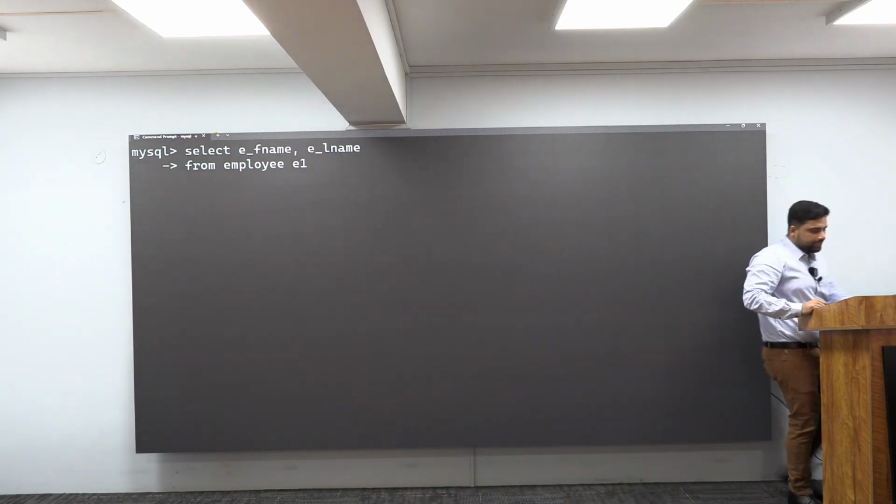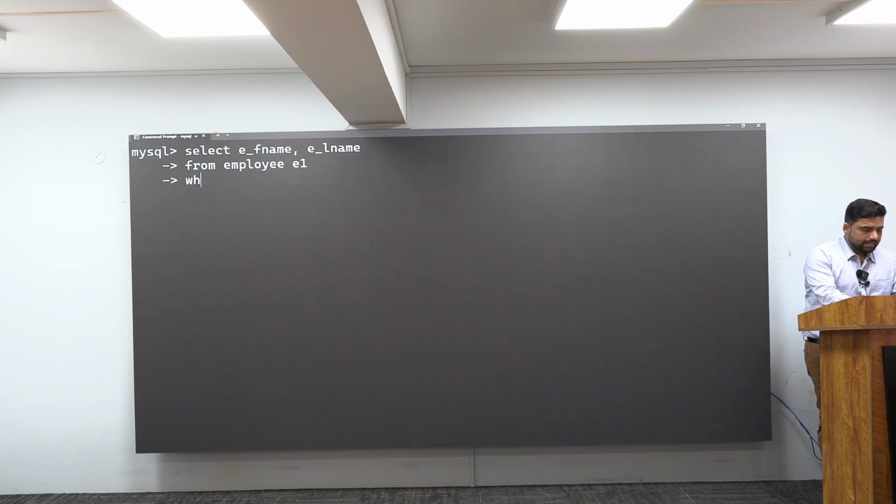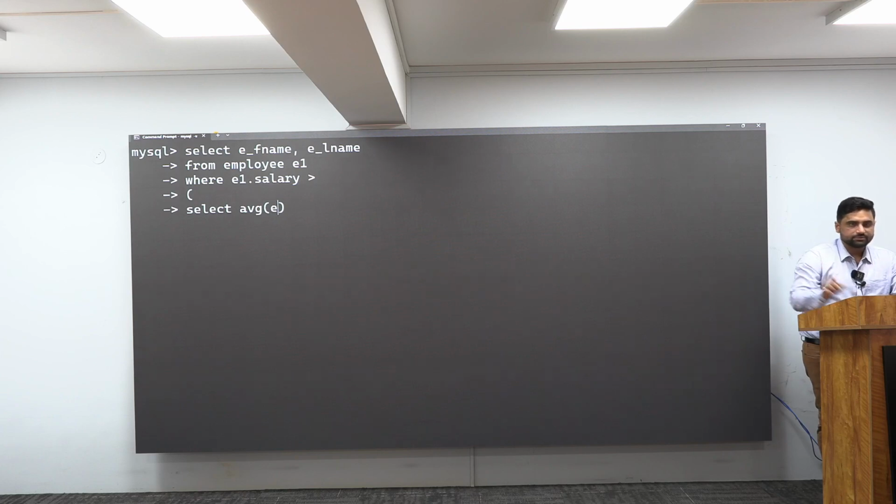Now what do we have to compare here? Salary from the E1 table. E1.salary should be greater than the average salary of their department. So I will put my inner query. Please focus here. Select average salary. From which table do we have to select?